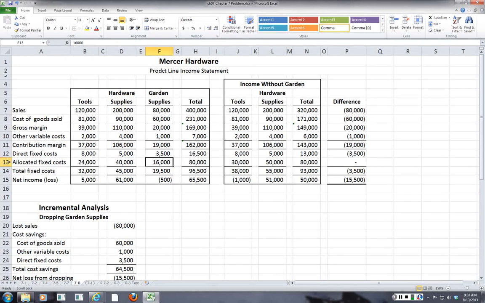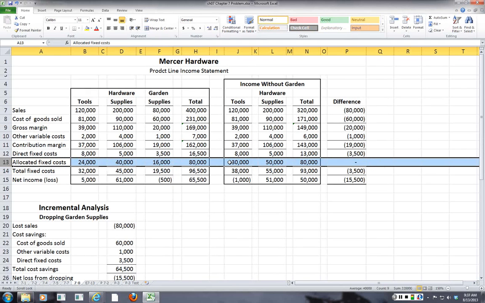But the one thing you need to see is this fixed cost of $80,000. Dropping that garden supply does not make one dent in reducing that $80,000. They still have it, and so instead of allocating it over 3 units, they have to allocate it over 2.